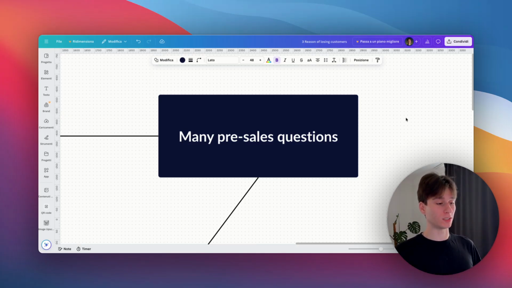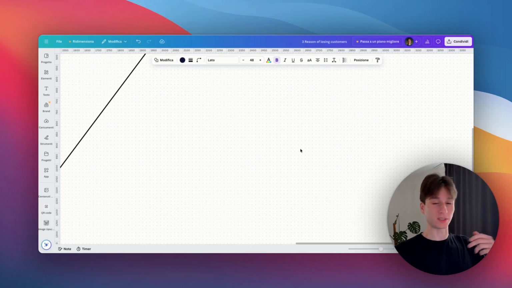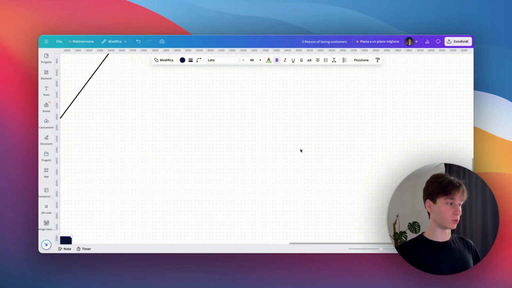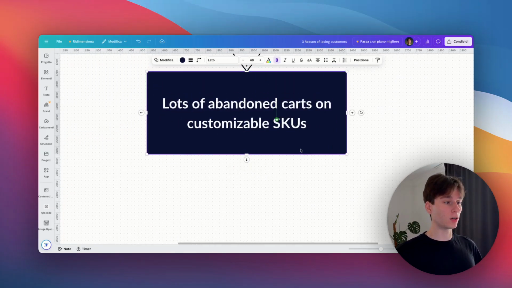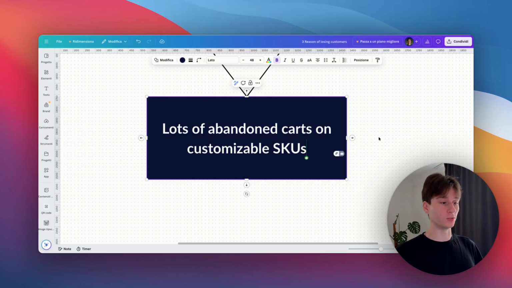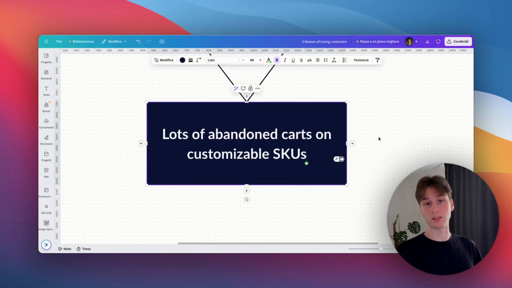And all of this leads to the third problem of this triangle that I'm going to show you, which is that you have a lot of abandoned carts on the customizable products you're selling.